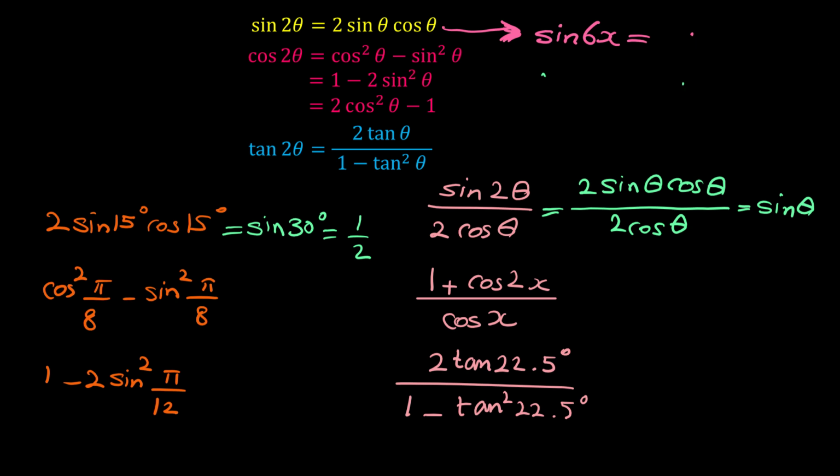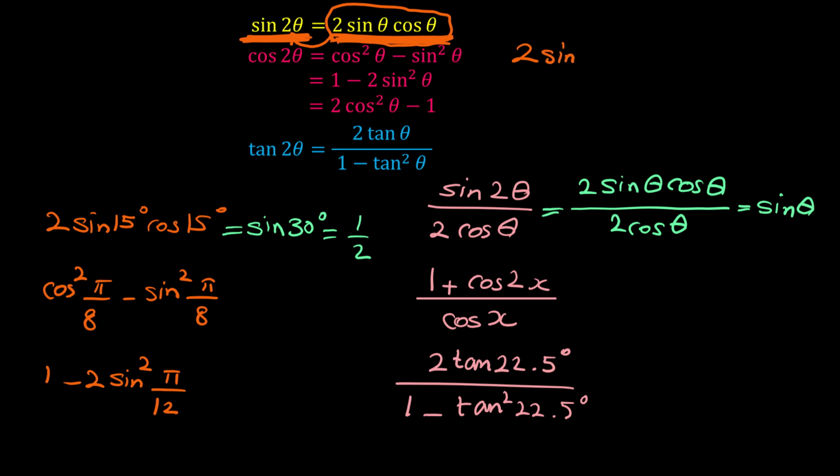And let me show you the other way that we can use this identity. Here we know that 2 sine of theta cosine of theta is sine of 2 theta. Now I will give you an expression like this, and you should be able to write the other side, the left side. Suppose you have 2 sine of 7x cosine of 7x.